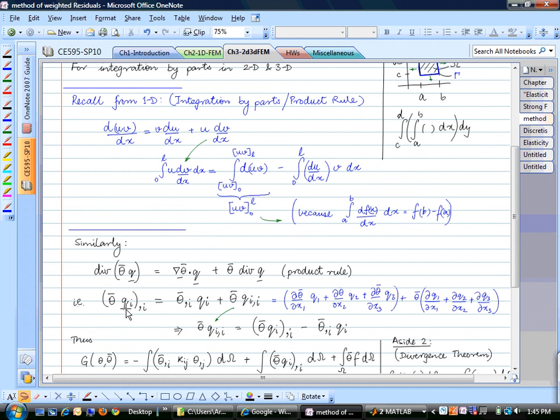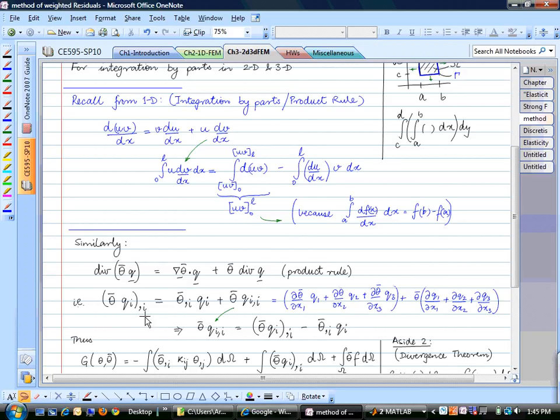And if you write it out in indicial notation, what does it look like? We have theta bar multiplied with this vector, so that's the parenthesis quantity right here. And divergence just means that you take each component of that vector and take its derivative with the x in that direction.